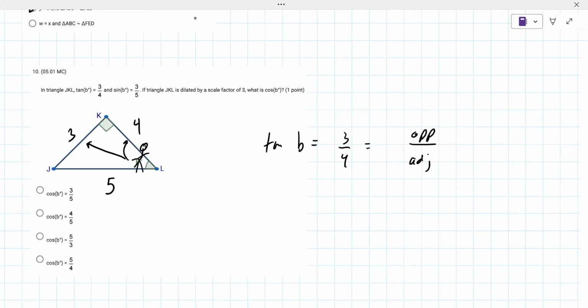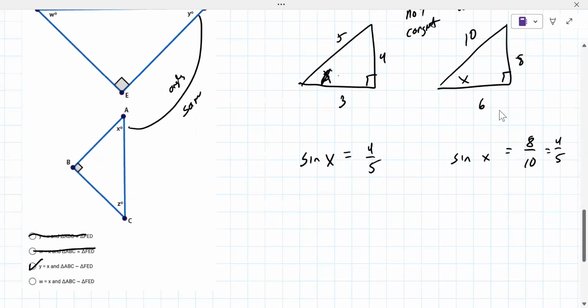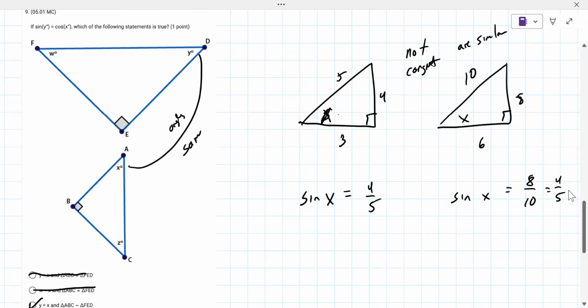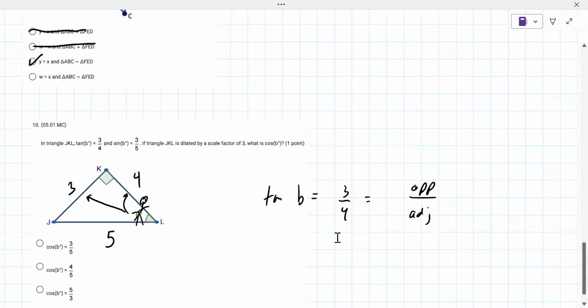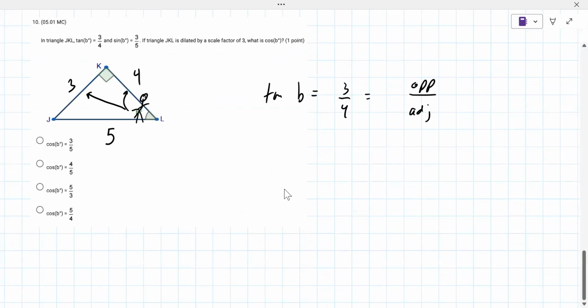Actually, no, wait, it wouldn't be 4 or 5, because, oh, right, I forgot that you're dilating it by a scale factor of 3. That doesn't matter. We just saw that even if you dilate, even if you make it bigger, it still reduces down to the same sine, cosine, and tangent. Oh, got it. I think that's what was confusing, because I tried multiplying it by 3, but if you reduce it, you would get the same. So now you've got to figure out which of these is correct.